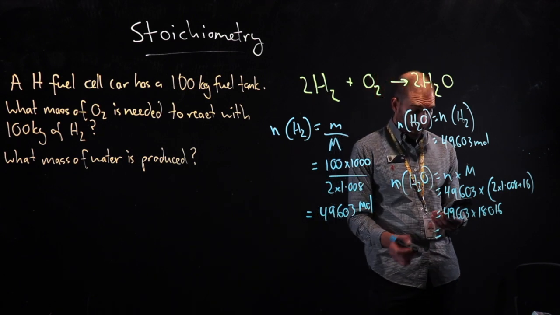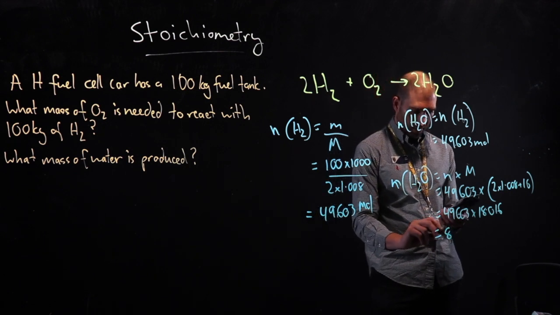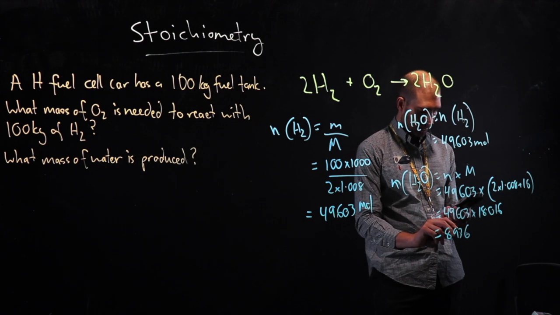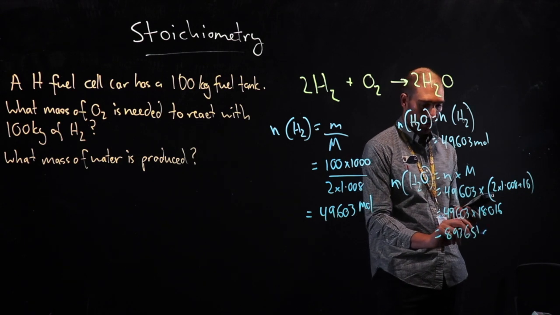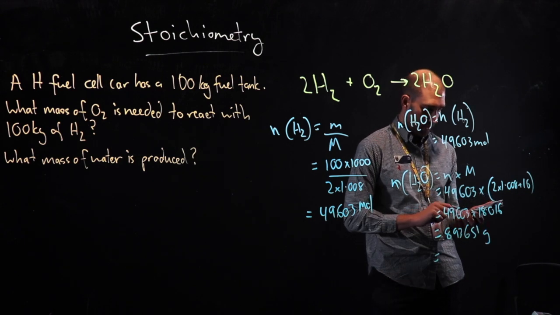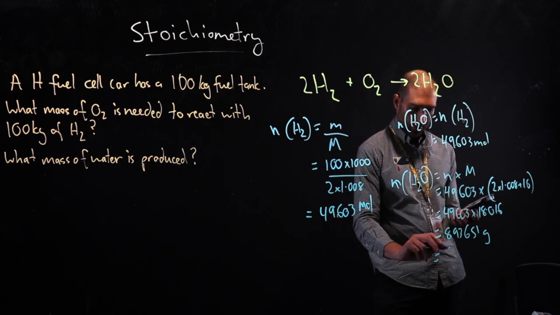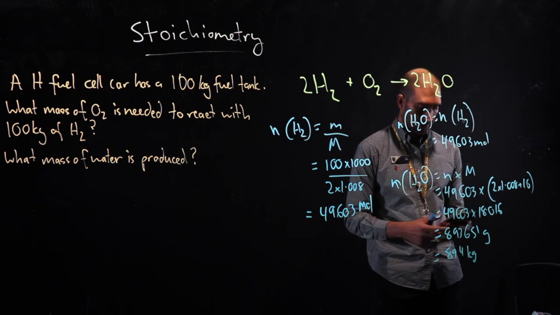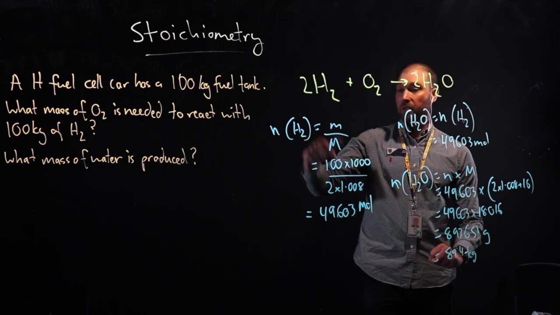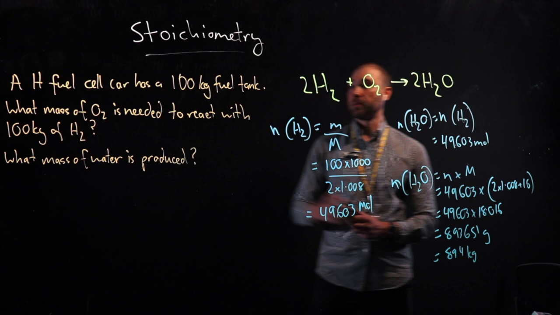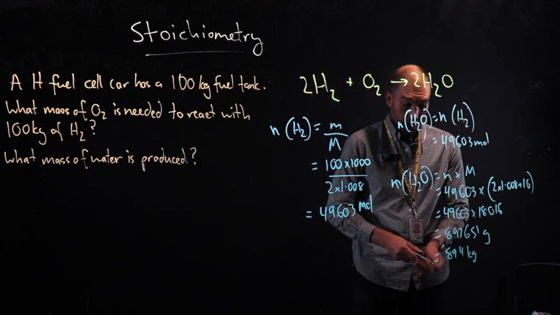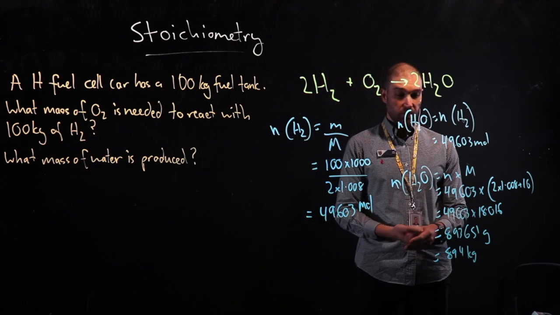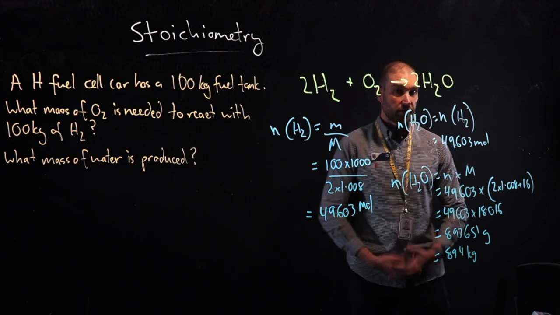After some furious tapping, I get 893,651 grams. I'm going to divide that by 1,000 to turn it to kilograms, so it's 894 kilograms of water being produced. Again, I'm going to 3 significant figures because I had 100 as my number here. So I'm going to produce 894 kilograms of water from 100 kilograms of hydrogen.